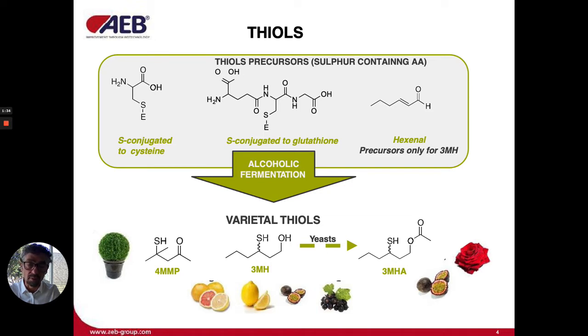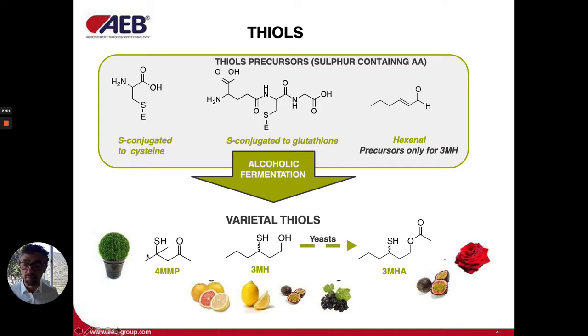So the process normally in winemaking is to first actually get this sulfur containing amino acid and then try to extract the actual thiol from its precursor. You see here the 4-MMP, the 3-MH, the 3-MHA, as I said, the usual suspects as far as thiols, with slightly different aromatics.